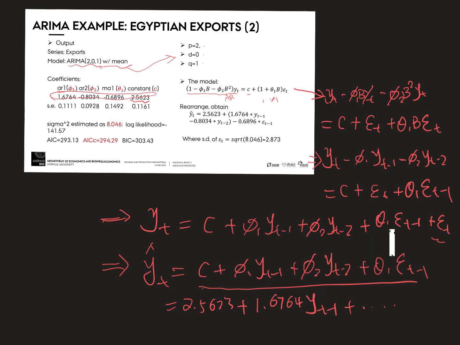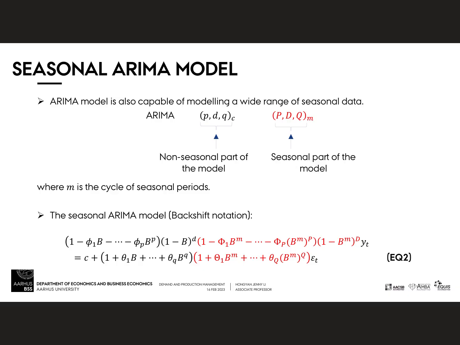Can we actually also consider seasonality in your model? So this is about non-seasonal ARIMA models. You probably ask, what if there is indeed a seasonality involved? So we can actually apply a seasonal ARIMA model.